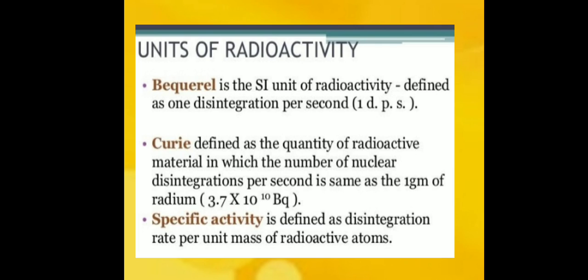We can write 1 Curie is equal to 3.7 into 10 raised to 10 becquerel, or 10 raised to 10 dps. Clear? Now specific activity is defined as the disintegration rate per unit mass of radioactive substance.